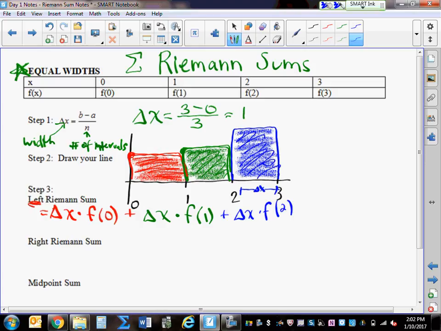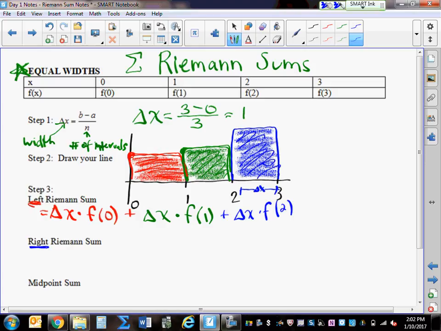We're still going to just use that picture there. I'm going to do this up here for you. I use the right-hand side to determine my height. And again here, I use the right-hand side to determine my height. Okay? So you notice now that it is f of 3 that was my height here. f of 2 was my height for this, and f of 1 was my height for that. So really we're just starting on the right side.